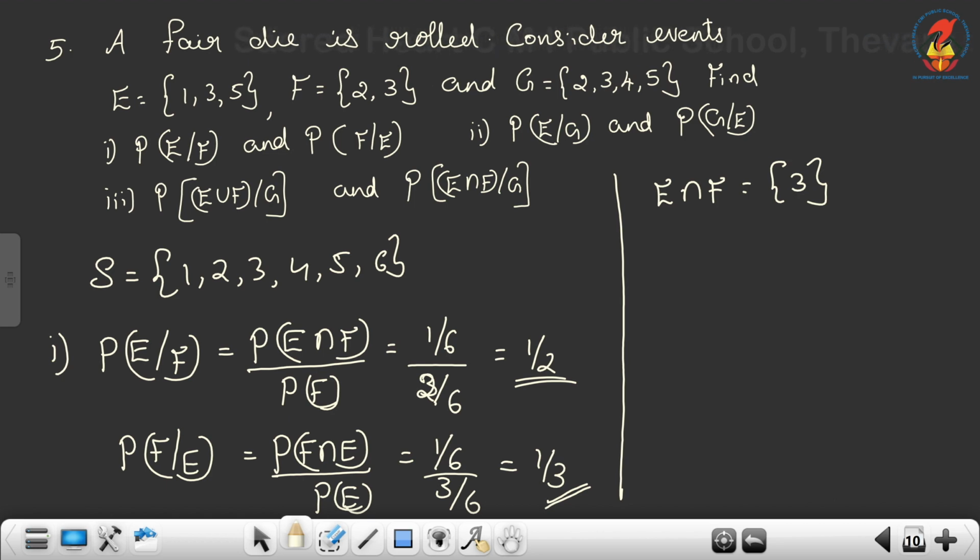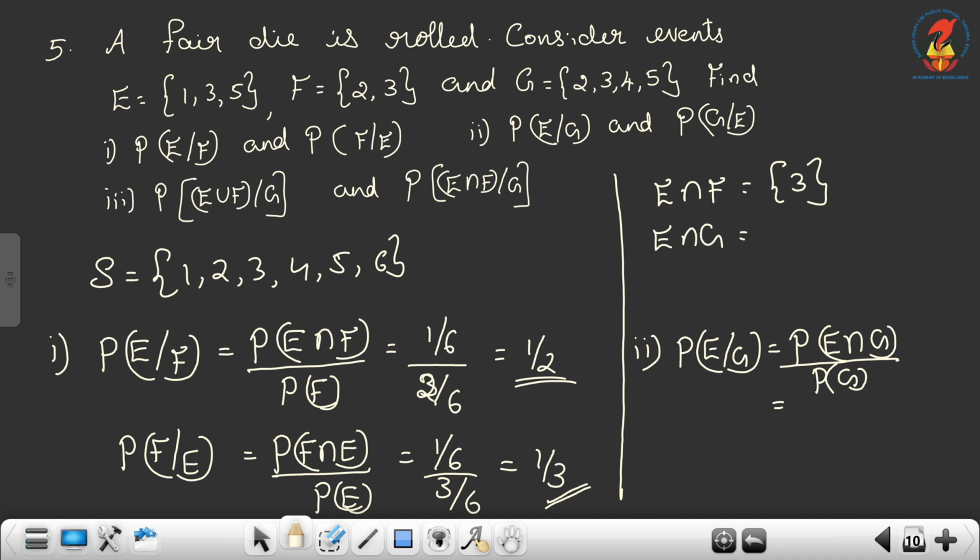Okay. Now the second question. P of E given G. P of E given G means E intersection G by P of G. So what is E intersection G? E and G, that is 3 and 5. So the probability is 2 out of 6 by P of G, 4 out of 6.